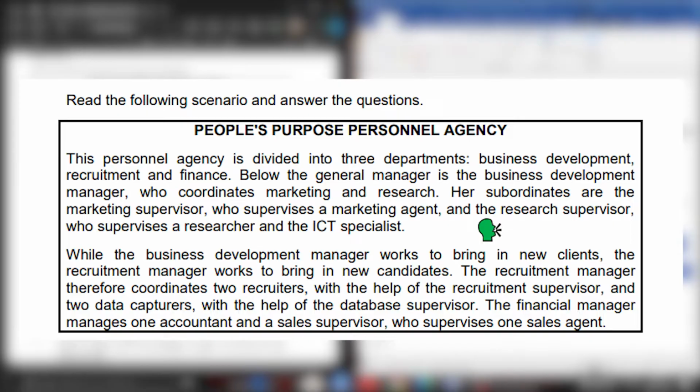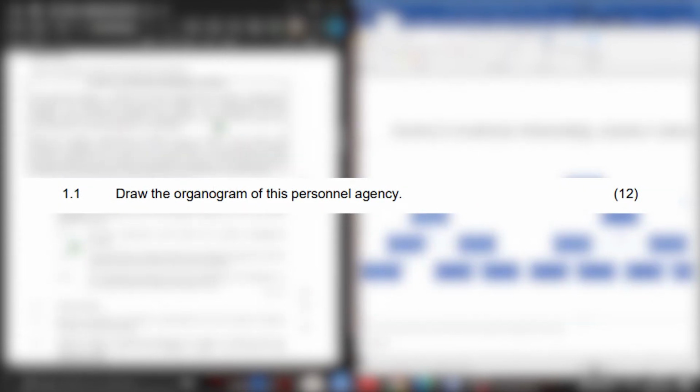The recruitment manager therefore coordinates 2 recruiters with the help of the recruitment supervisor, and 2 data captures with the help of the database supervisor. The financial manager manages 1 accountant and a sales supervisor, who supervises 1 sales agent. The first question therefore says, draw the organogram of this personnel agency.